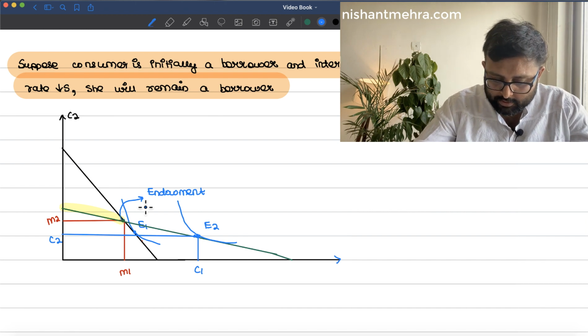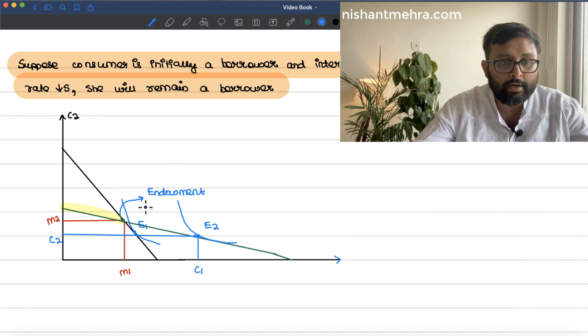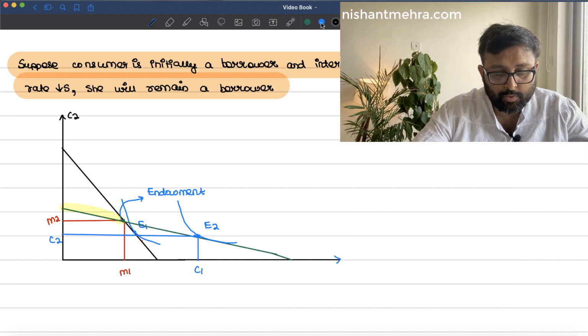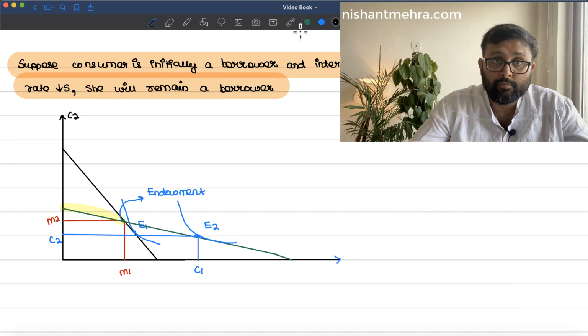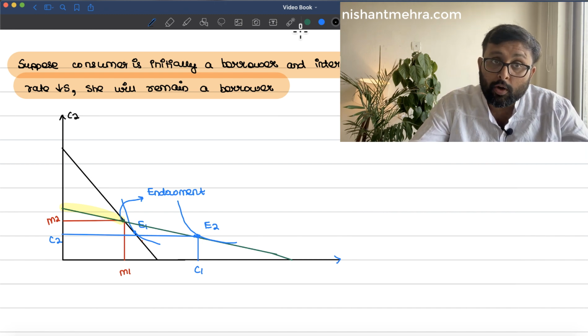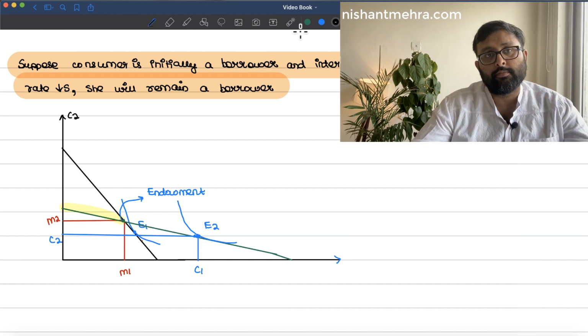But there are 2 points for which revealed preference doesn't tell anything, and you could be anything out of these. This is another point which I just want to write. Please write that. If a person is a lender and now the interest rate falls, he may well become a borrower. If a person is a borrower and interest rate increases, he may become a lender, right?